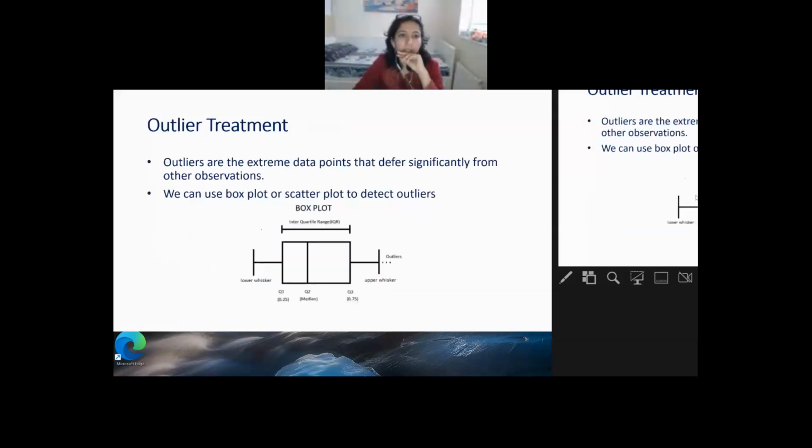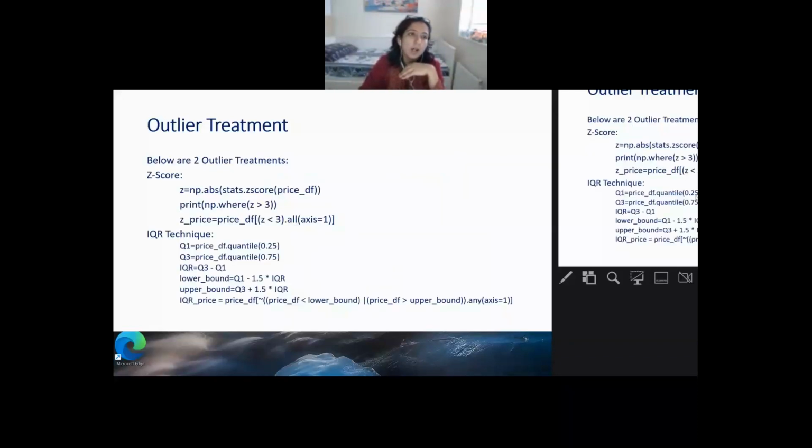So, outlier treatment. I told earlier also that when there are some values that are not well within the range of that value, which generally means if there are very few outliers, then we generally drop those values, or we can calculate the Z score of that value.